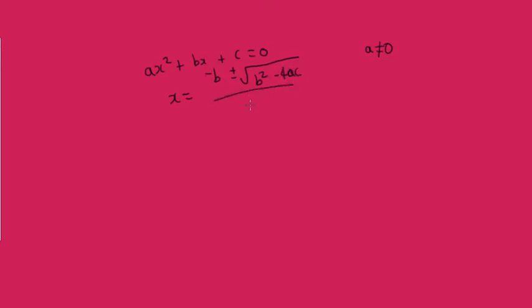c over 2a. Now, you can prove the quadratic formula by using completing the square, and that is what we're going to do. So, I've got a new blank sheet. So, let's look at our formula. ax squared plus bx plus c equals 0.